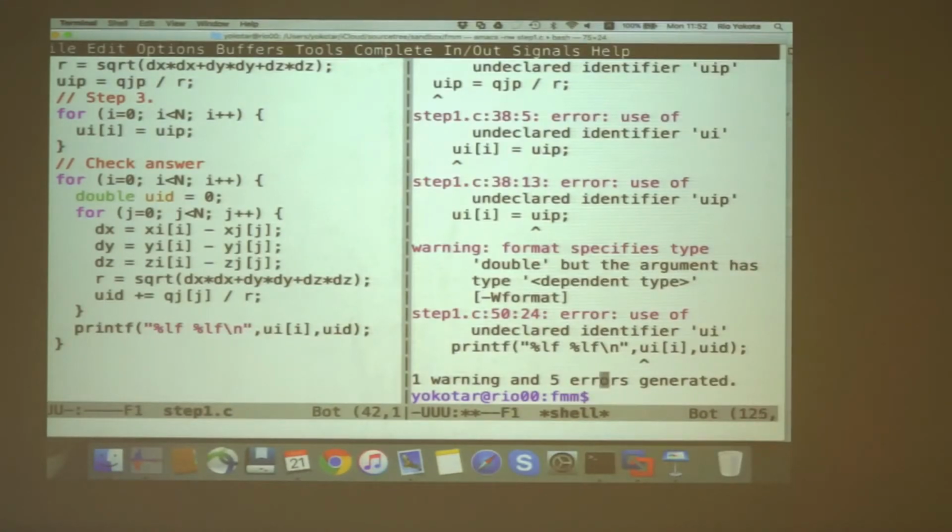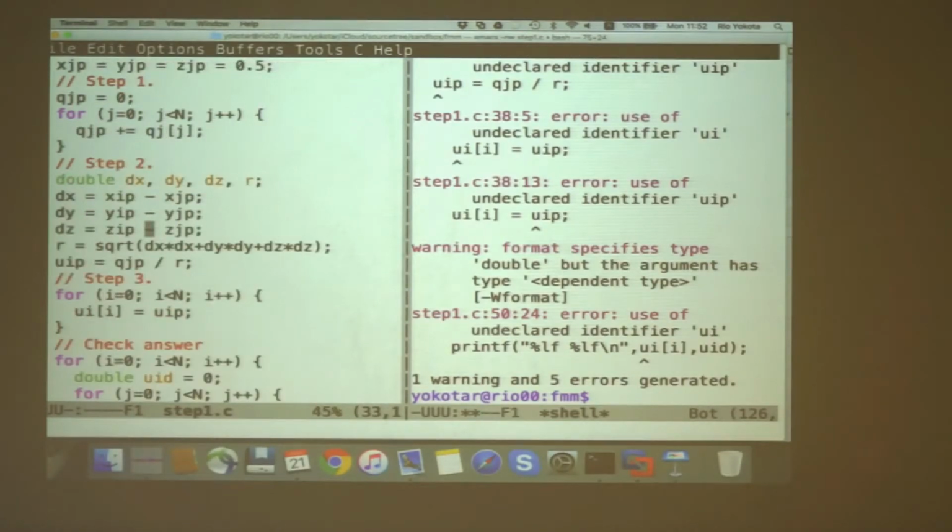Oh, UI I also didn't define. Or no, I did define it. There seems to be some... Did I define UIP?